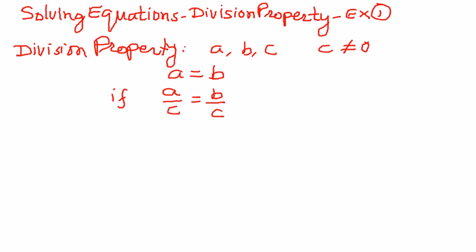This is the division property. If this is a bit confusing, we will clarify this some more, or it will simplify itself some more when we start to solve some simple examples.